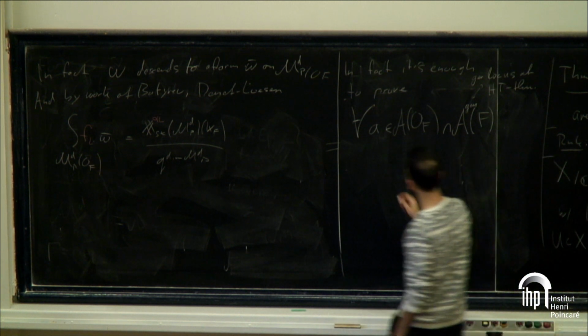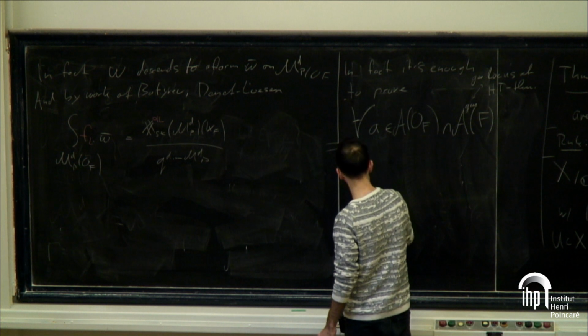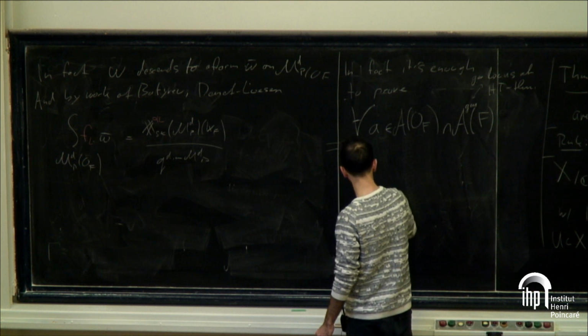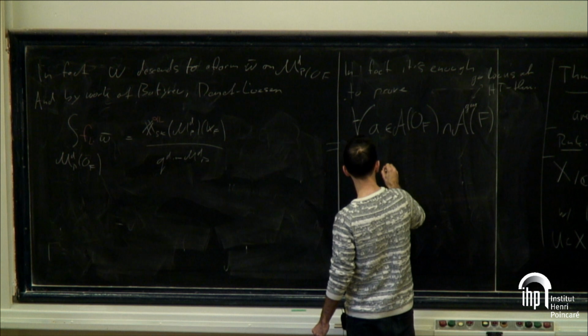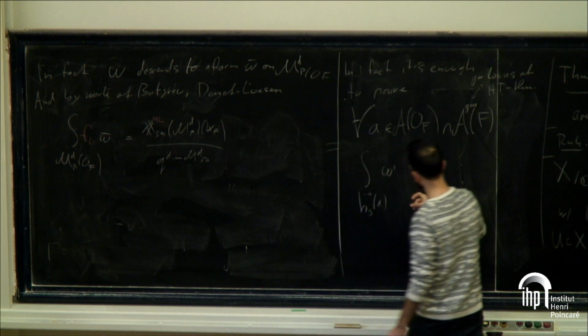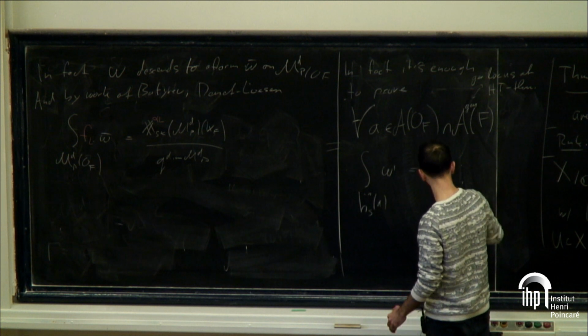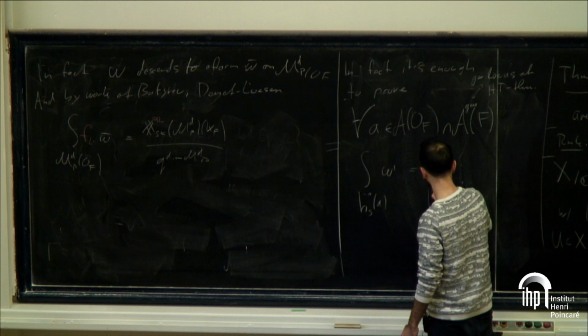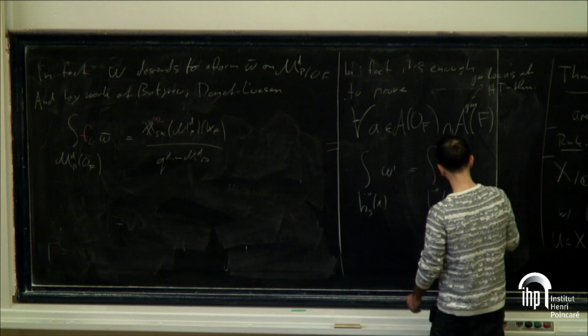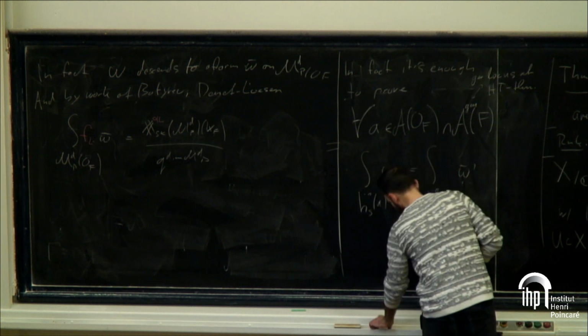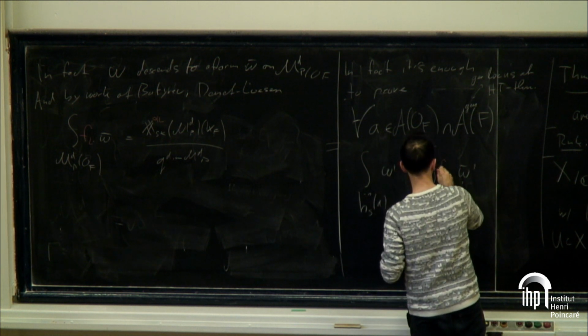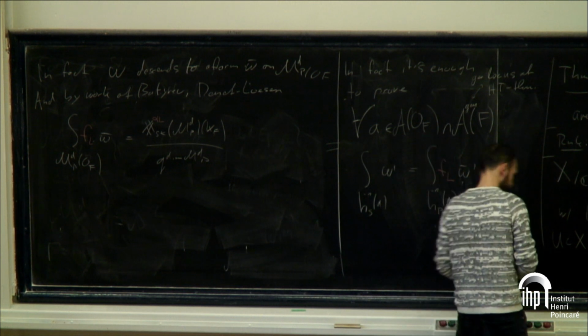So for any such thing, I'm just left to prove this. I take H S inverse of A, where I get the volume form on the fiber that I have to integrate. And here is the same H P inverse of A, where I also get the volume form on the fiber, and the function just restricts here.